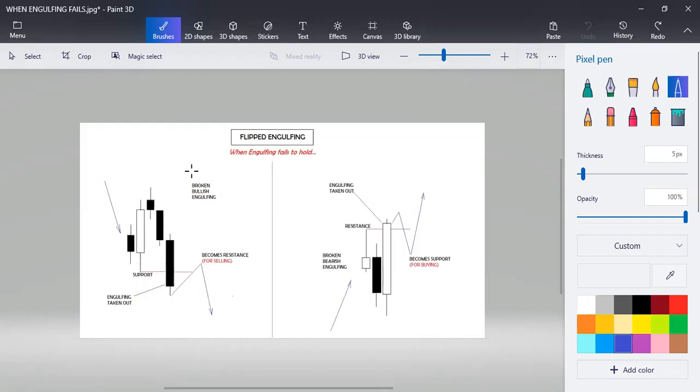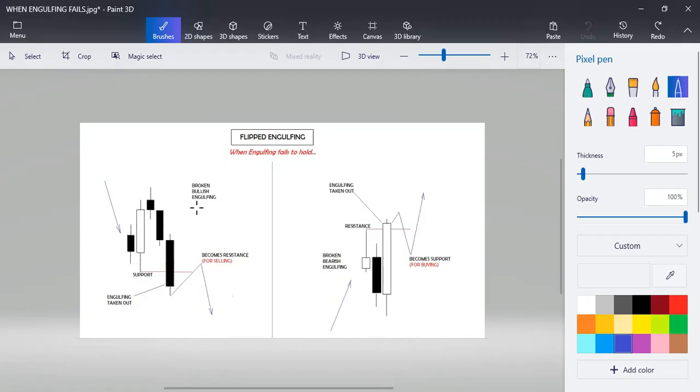You will sell. If you were to sell inside an engulfing zone and it was taken out, your resolution now would be to buy and not to sell anymore. So when an engulfing fails, you still have a trade. It's not a matter of giving up on it. When it fails, you change direction.